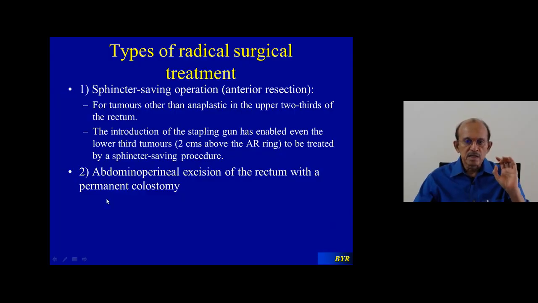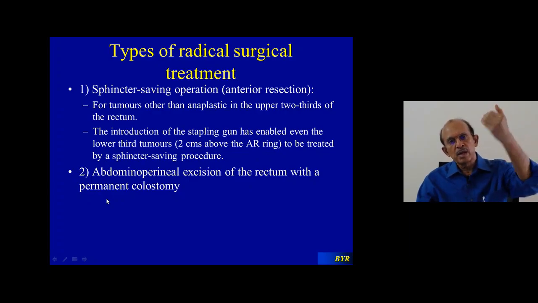The second procedure is the abdominoperineal excision of the rectum with a permanent colostomy. That means complete excision of the rectum and anal canal. So anal canal is removed from perineum and rectum is removed from abdomen. So the surgeon first has to do the abdominal dissection, separate the rectum, sigmoid, cut the sigmoid colon, put the descending colostomy.